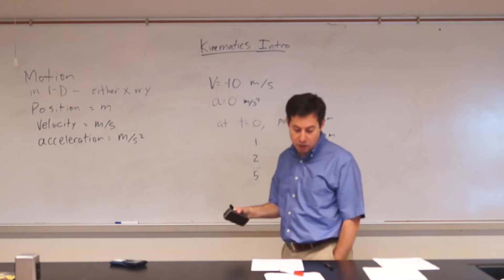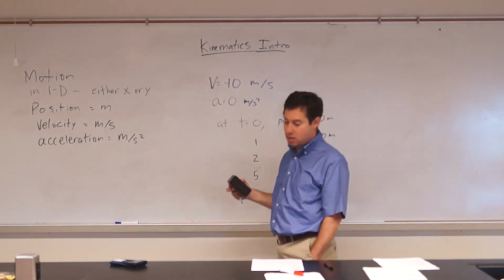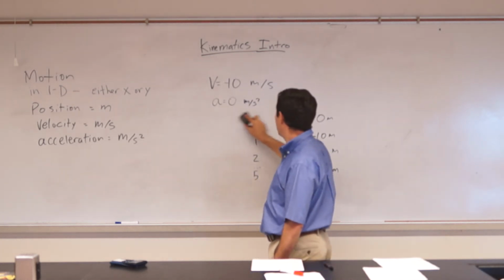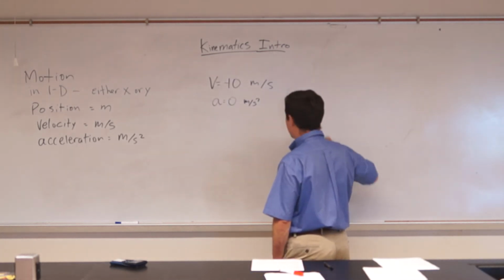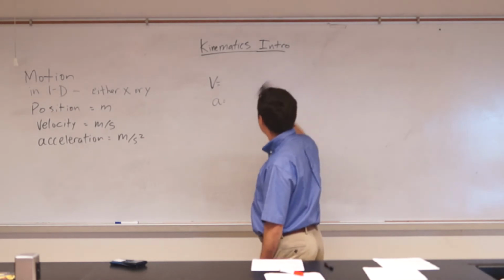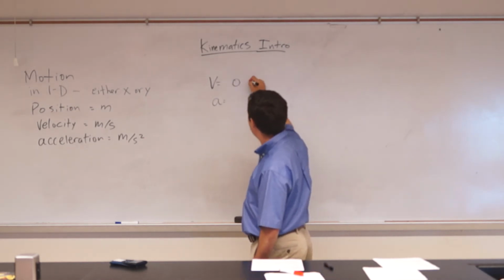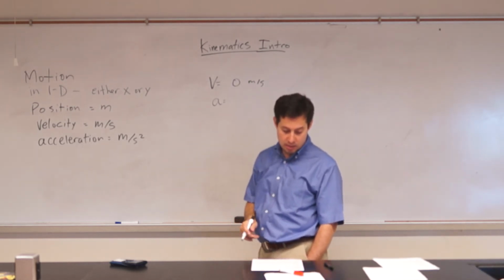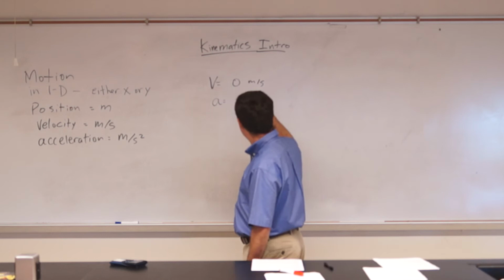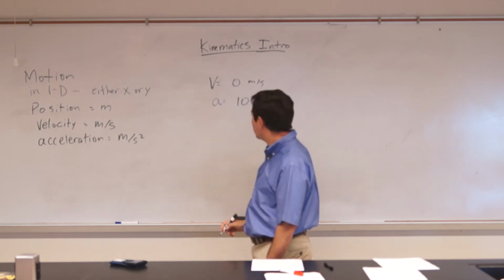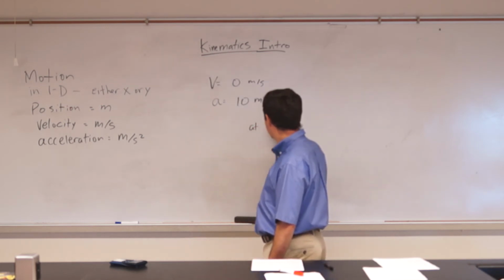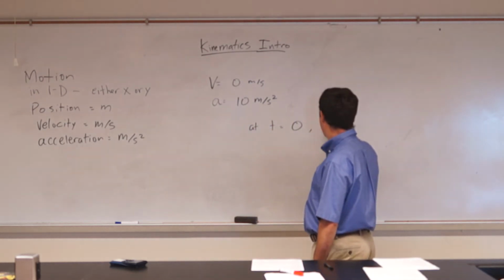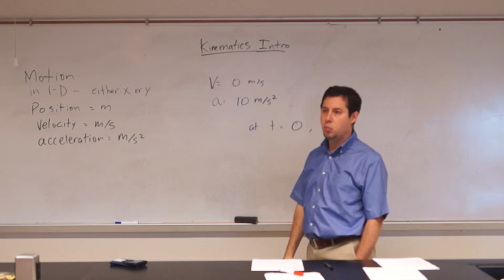Now, the acceleration is going to be how much the velocity changes. So let's say this time that our velocity starts at 0 meters per second, and that our acceleration is 10 meters per second squared. So at time equals 0, our velocity is 0. We're not moving at all.